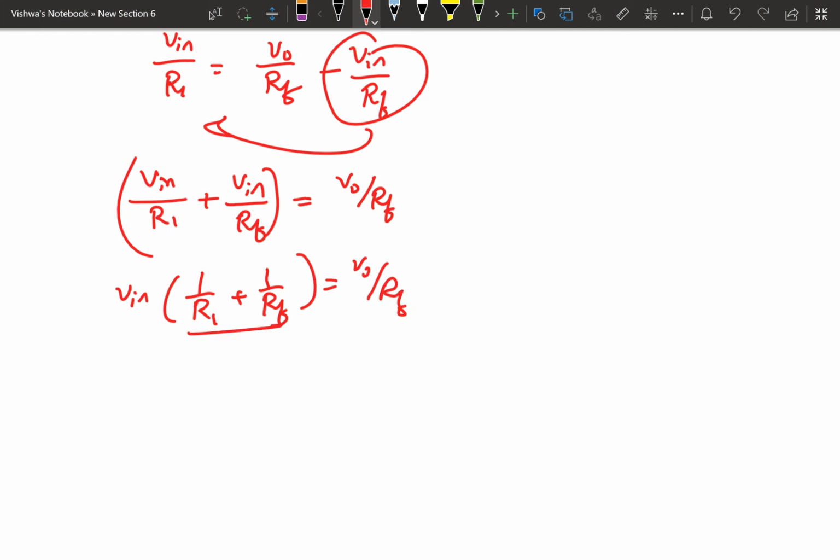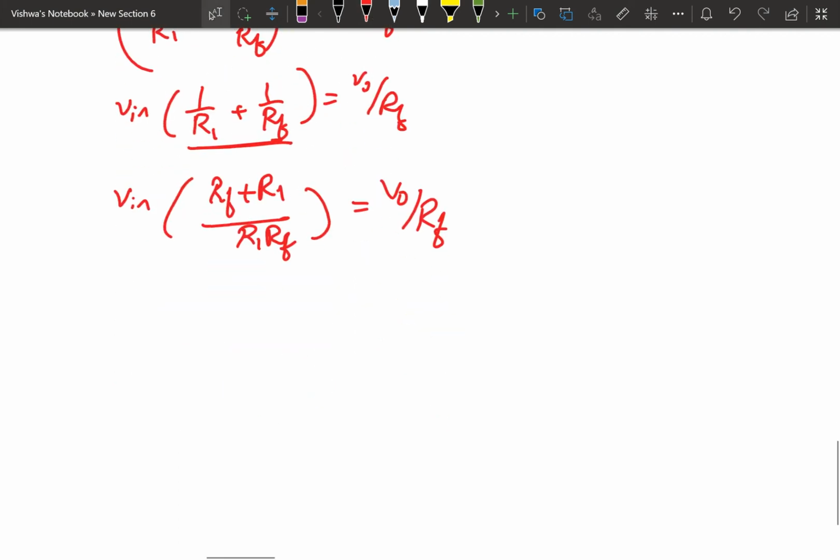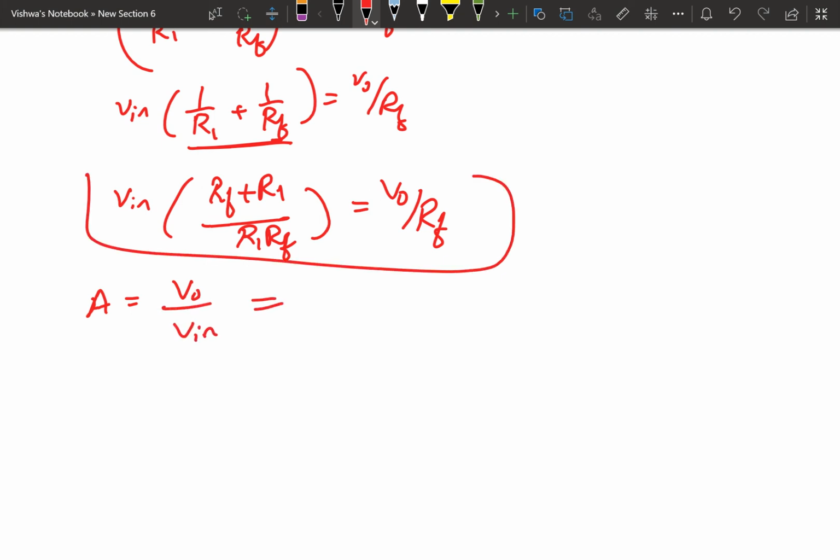Add these two terms, then it is V in times (RF plus R1) divided by R1 RF, equal to V out by RF. So what is the gain? Gain is V output divided by V input. For that, rearrange this equation: V out is on one side and V in on the other.